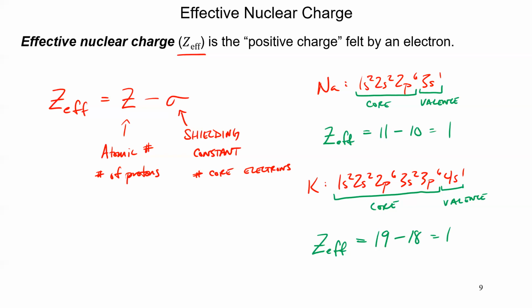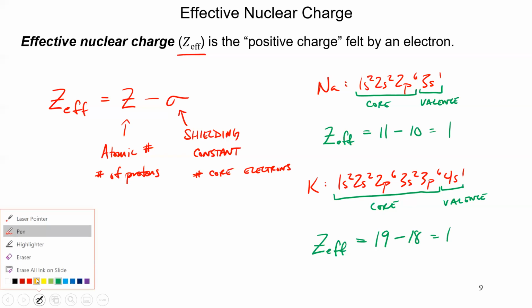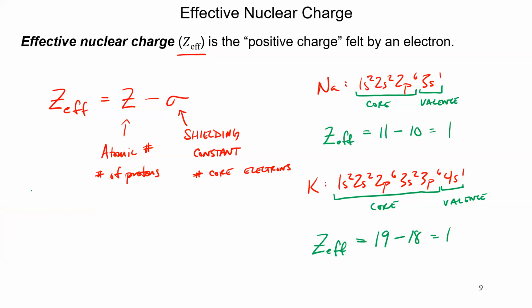If we went over and did the group with oxygen, 1s2, 2s2, 2p4. These are our valence. This is our core. Oxygen has 8 protons.